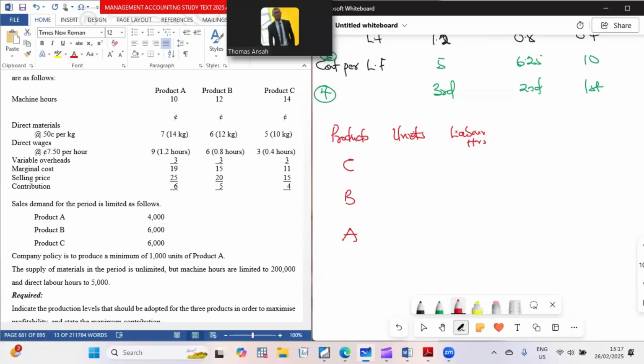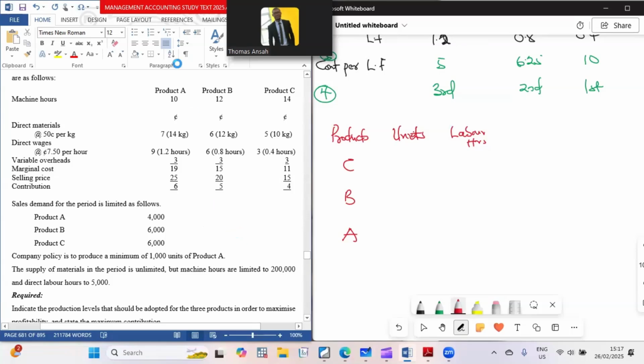So if you look at the products that are available, it means that we need to focus to try and produce that of. But you see, the question says that it is the policy of the company to produce a minimum of 1,000, meaning that we can produce 1,000 or more. Basically, that is that. 1,000 or more.